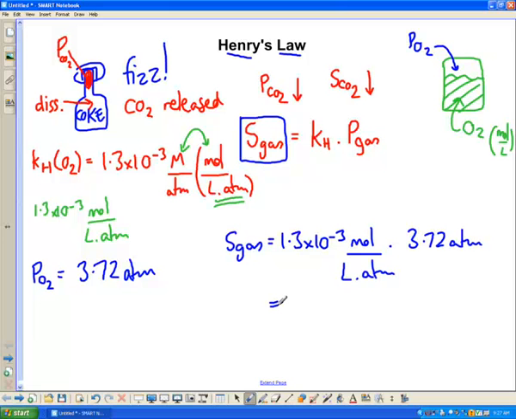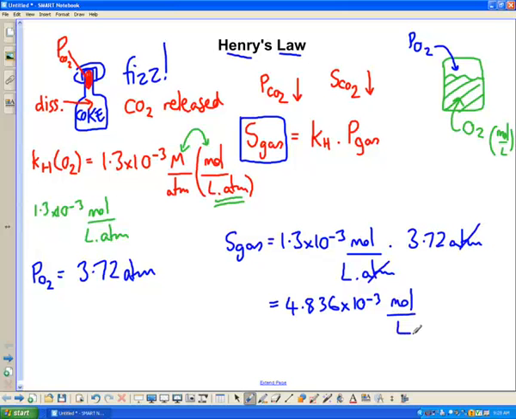Alright, so 1.3 times 10 to the minus 3 times 3.72 gives us 4.836 times 10 to the minus 3 moles per liter.